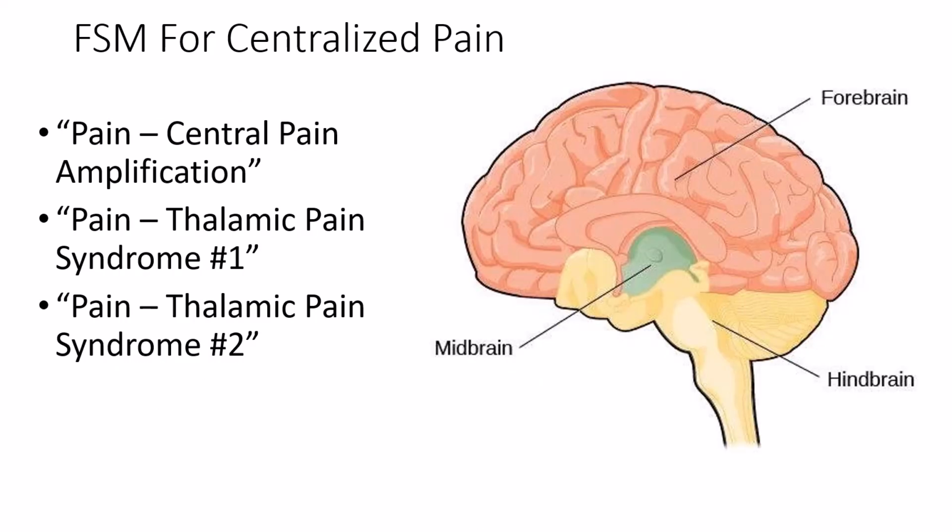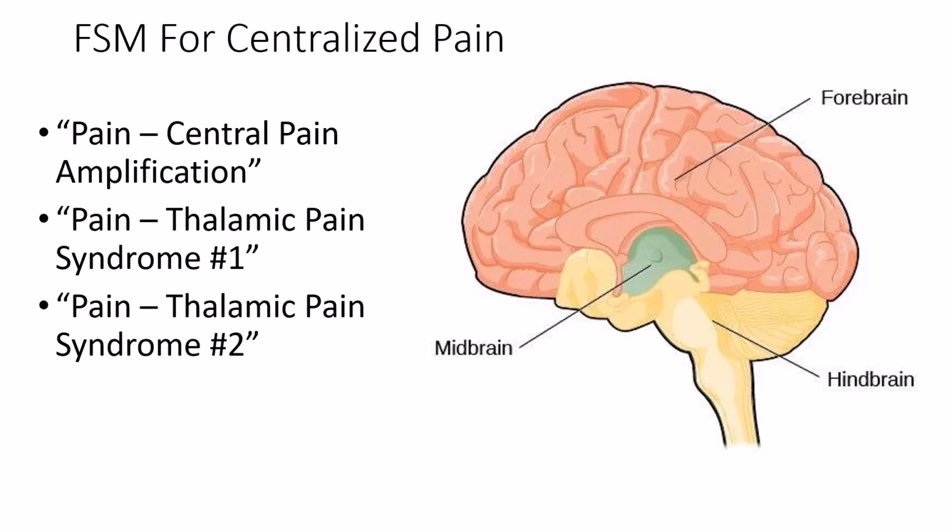There are another group of FSM protocols that focus on parts of the brain that filter out and suppress pain signals. Here are 3 of those protocols. Pain, central pain amplification, pain, thalamic pain syndrome, number 1, pain, thalamic pain syndrome, number 2.